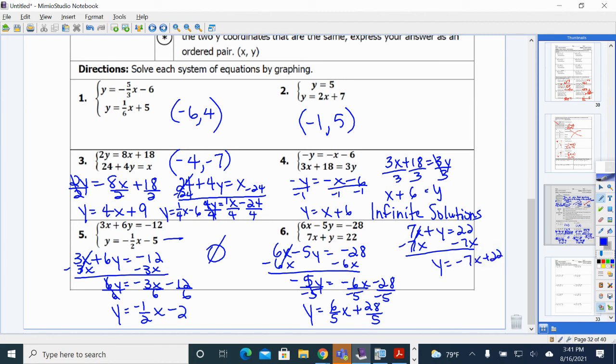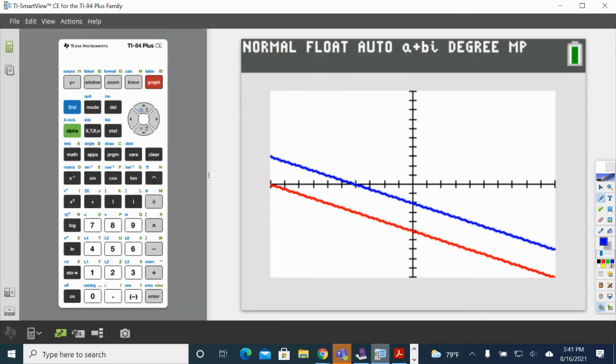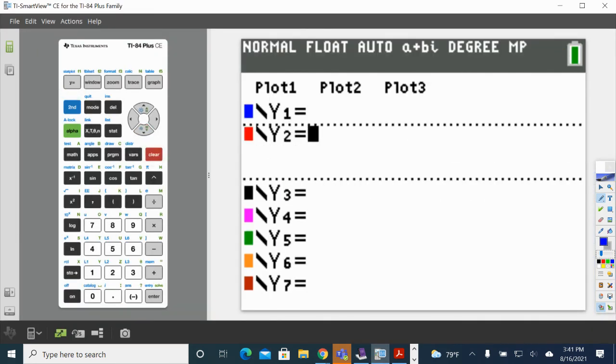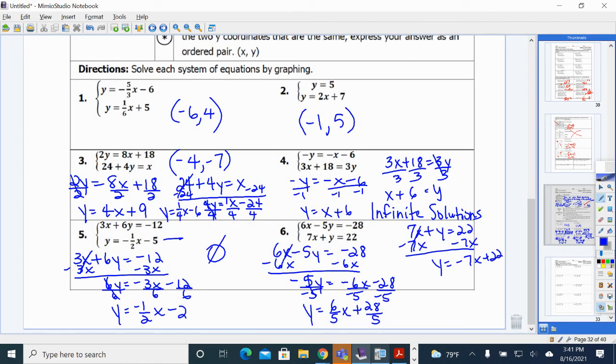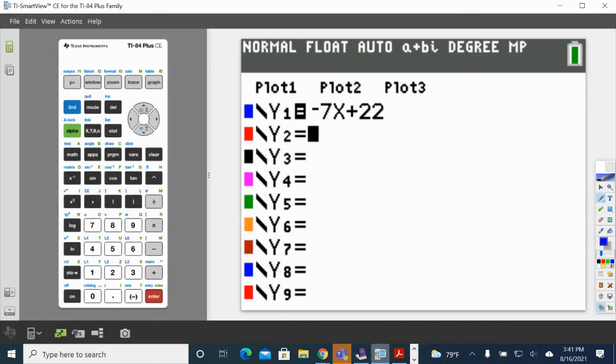All right, so let's put that in. Go back to the calculator, back to y equal, clear out the old, and let's put in our two equations. So we got negative 7x plus 22. And then the other equation was y equals 6/5 x plus 28/5.